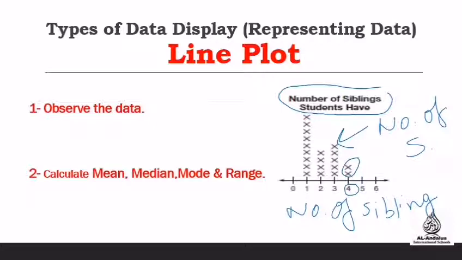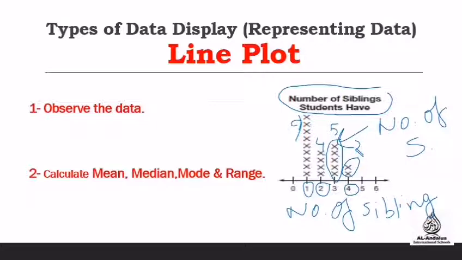Here I have 1, 2, 3, 4, 5, so I have 5 students who have 3 siblings. Here I have 1, 2, 3, 4, so I have 4 students who have 2 siblings. Here I have 1, 2, 3, 4, 5, 6, 7, 8, 9, so I have 9 students who have 1 sibling. Like this, I understood my line plot, but how can I observe my data?